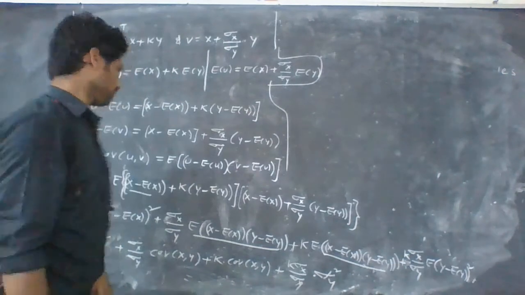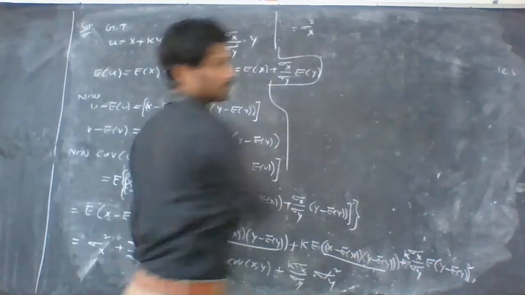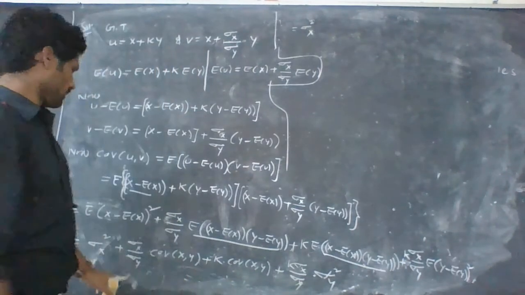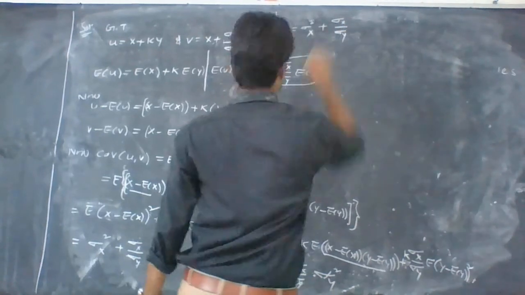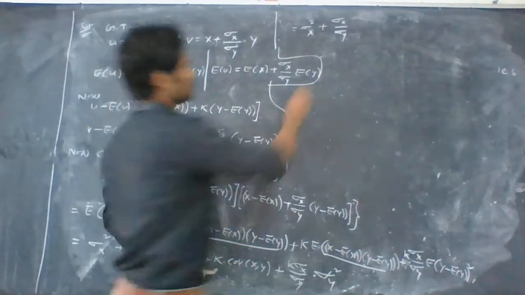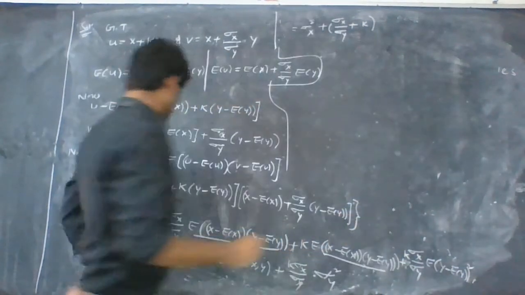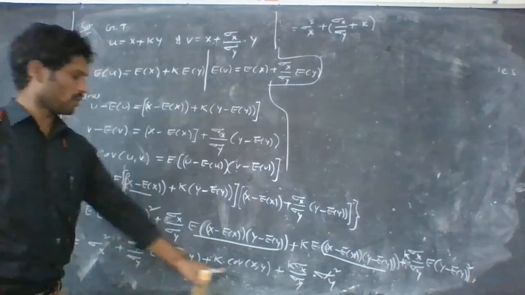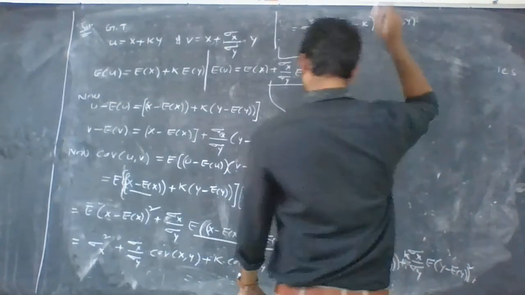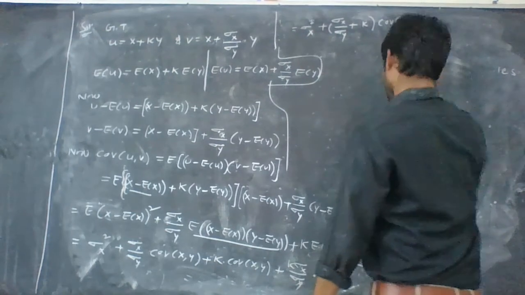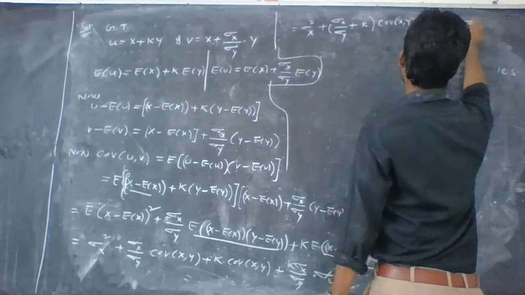Next we go to sigma square x plus sigma x by sigma y plus k, common of these two terms, covariance of x comma y plus k into sigma x sigma y.